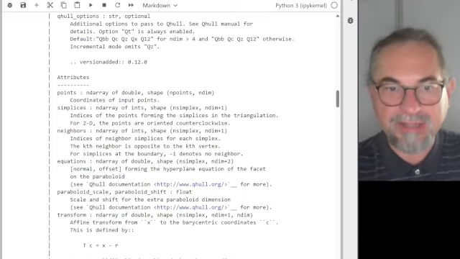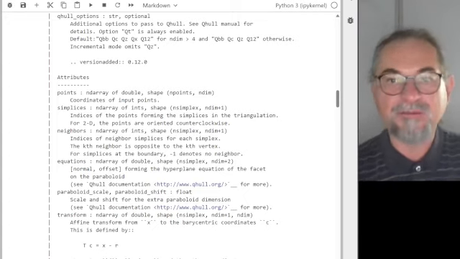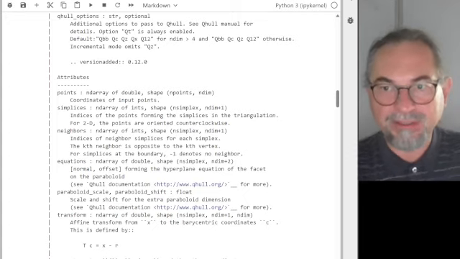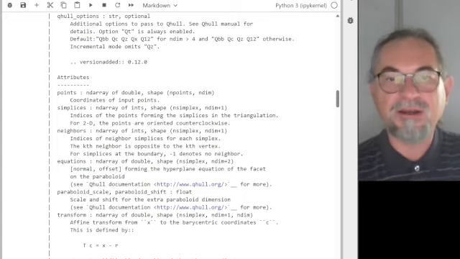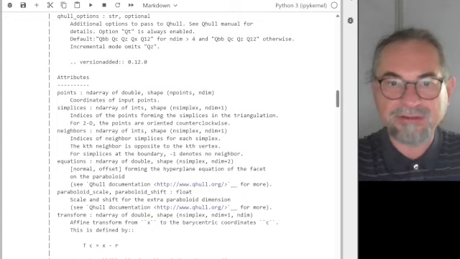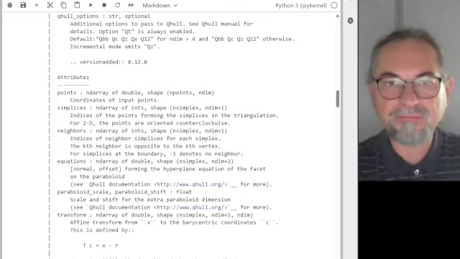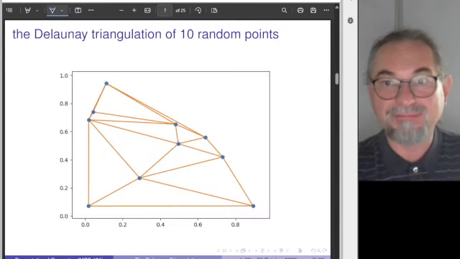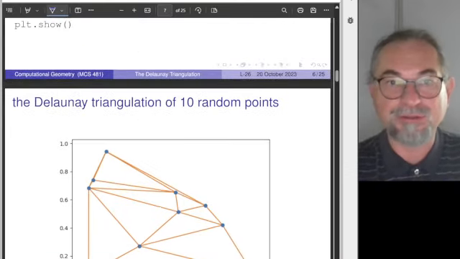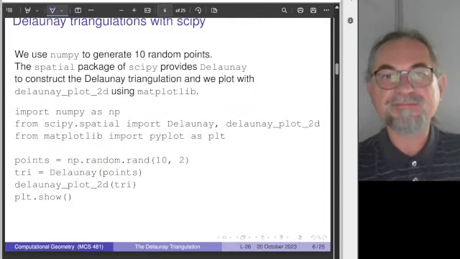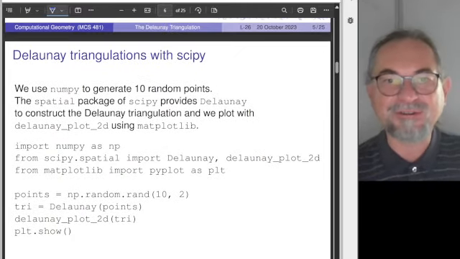And if you project down these triangles, then you will get the triangulation.